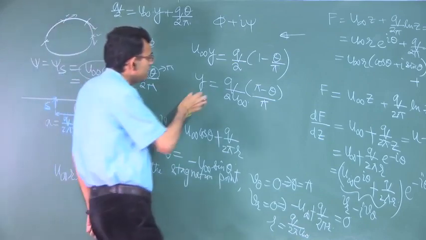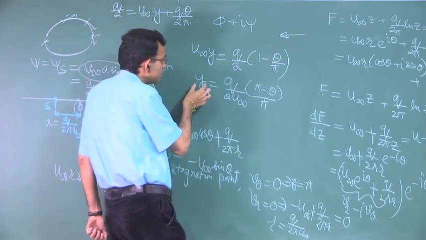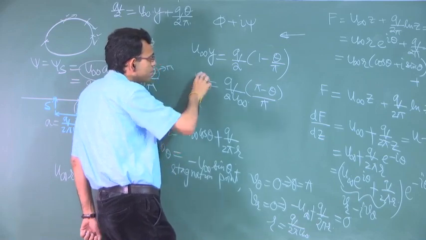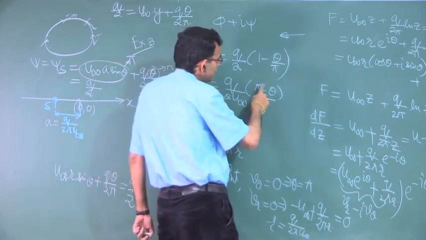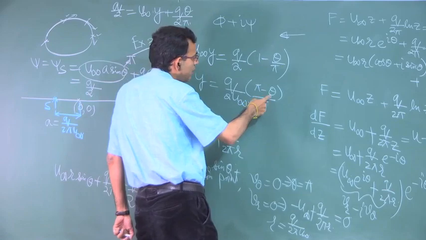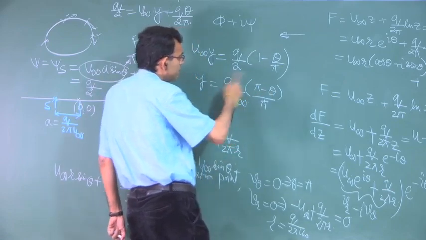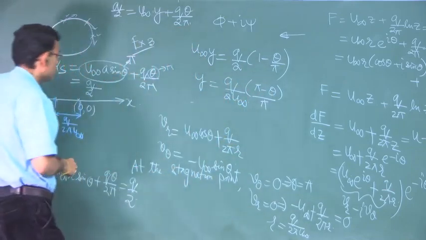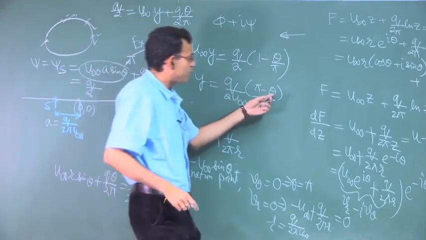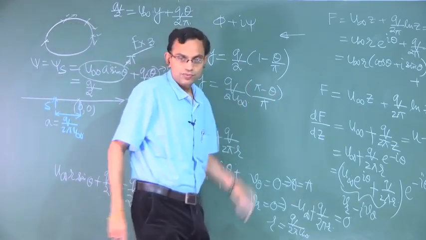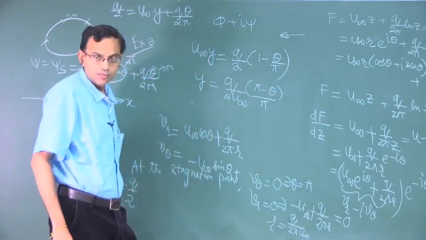So, you have this y coordinate. So, you change theta from, say, just put theta equal to, say, pi by 2. Okay.